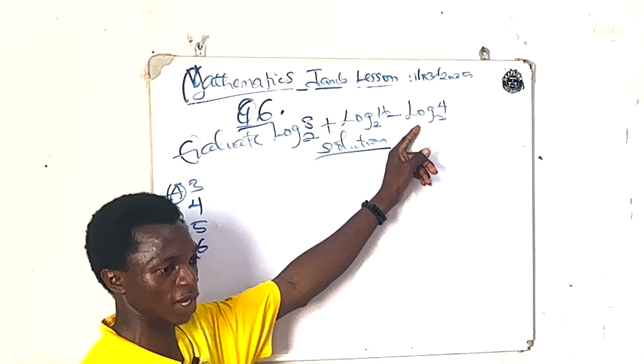Let's solve. If you have this expression, you simply cross multiply.